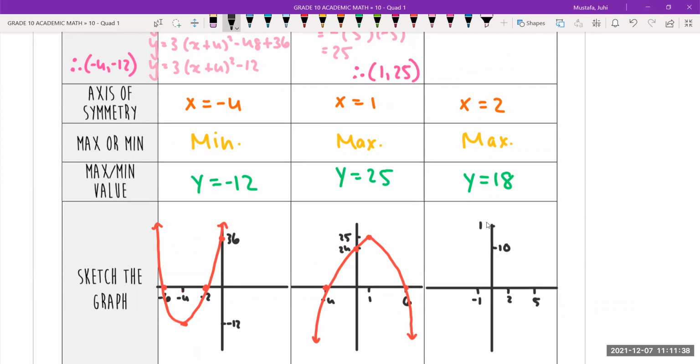And let's just say 18 is up here. Not the most accurate because 10 would be down here. All right, so I have an x-intercept there and there, a y-intercept there, and my vertex is up here. So this isn't what my graph looks like, although it should be a curve.